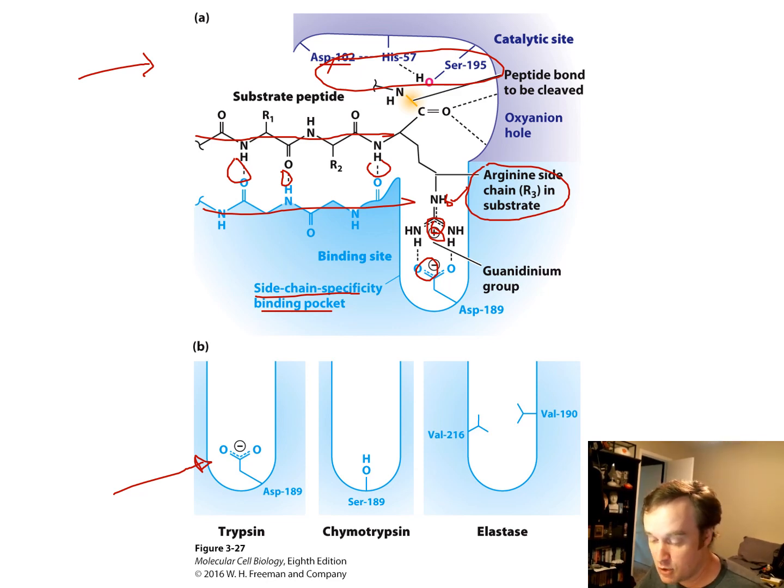In chymotrypsin, it binds large hydrophobic side chains such as phenylalanine. And then in the last case, elastase, it binds small side chains such as glycine and alanine. So what makes these enzymes different is their pockets and the active amino acids involved in binding these side chains to allow that triad to perform the cleavage or hydrolysis.